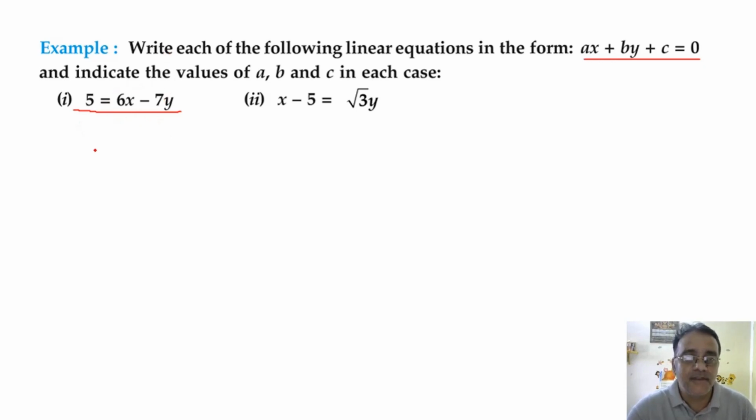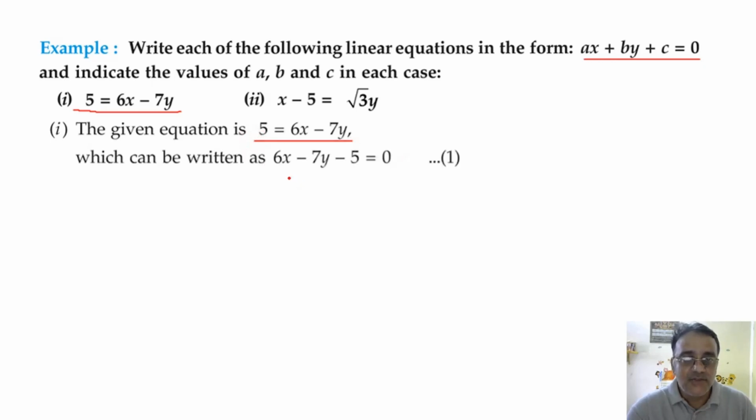Sir, 6x minus 7y minus 5 is equal to 0. Very good. The given equation is 5 is equal to 6x minus 7y, so 6x minus 7y minus 5 is equal to 0. Let it be equation number 1. Now we have to compare with the standard equation.